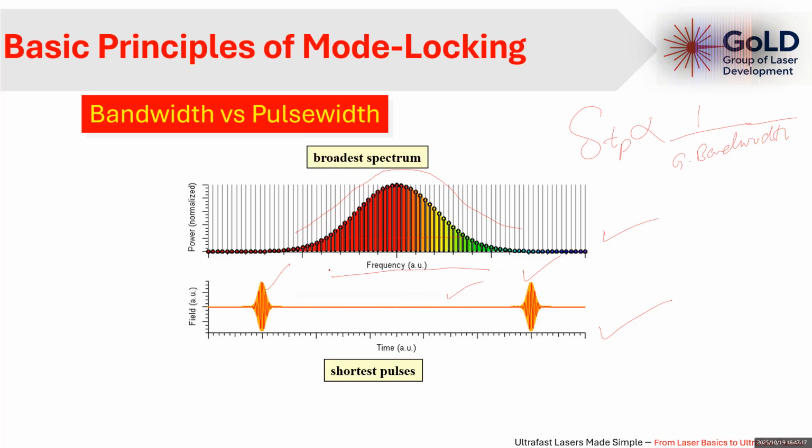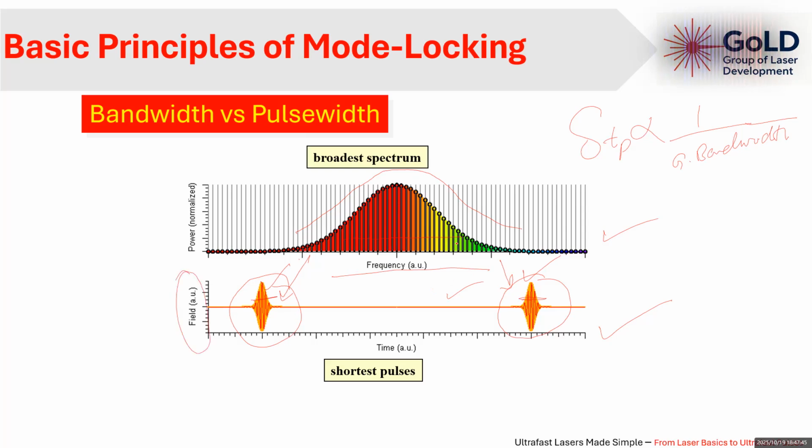Okay, and if you apply the Fourier transform, actually you get this in the temporal domain, and in the temporal domain you get narrow pulses. Okay, this is the electric field actually in the time domain.